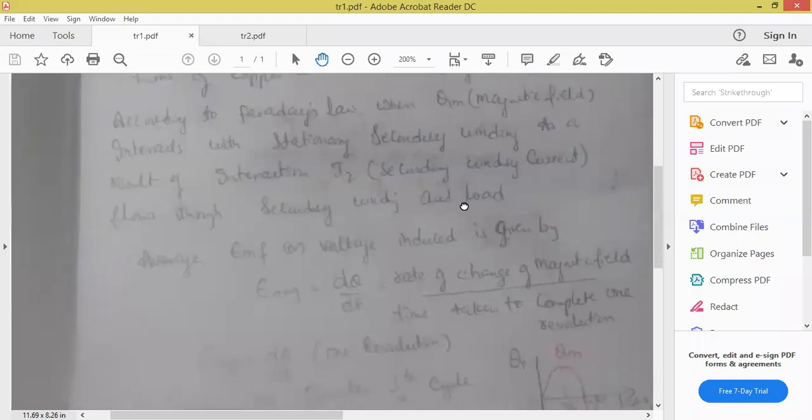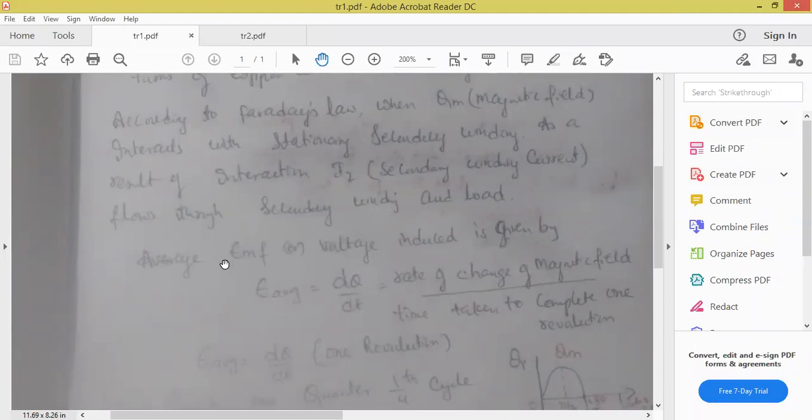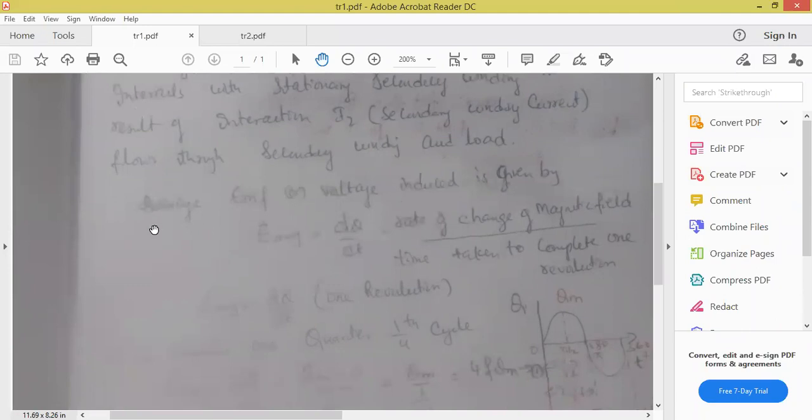When the magnetic field interacts with the windings, immediately a voltage is created and then current flows through the windings. We are using the word average EMF for the voltage. Here we have written the word induced; I will explain its complete meaning, developed or created.